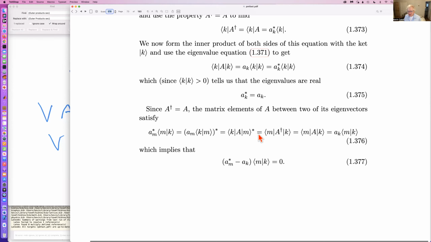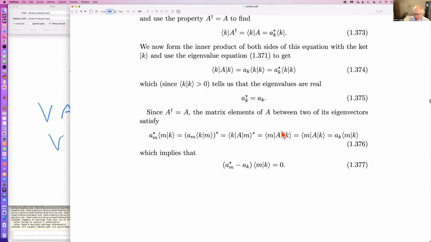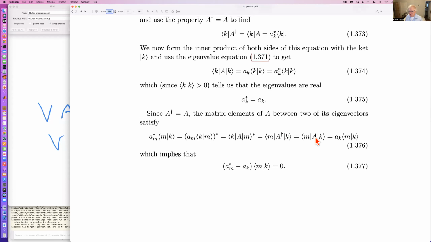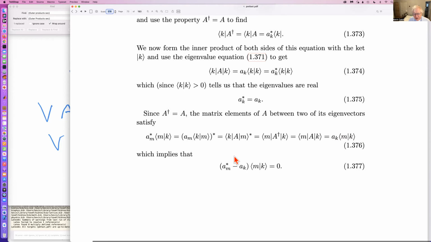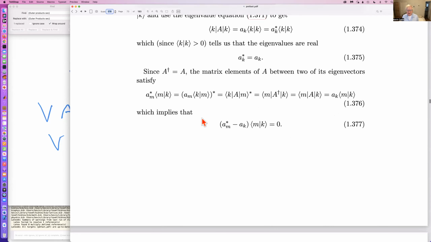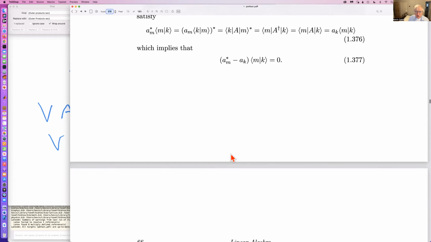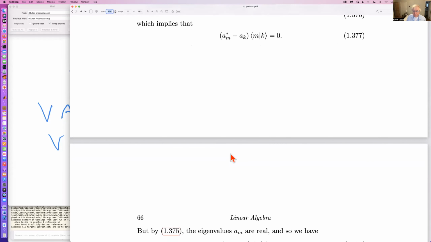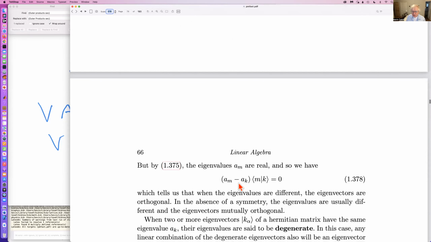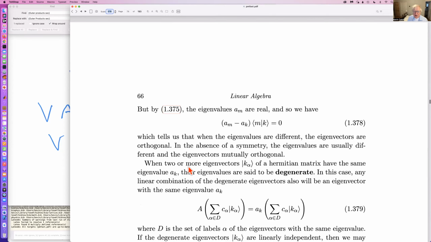Then when we take the complex conjugate, it flips and A becomes A adjoint, but A is Hermitian, so this is A. Now this is A acting on k, so that's a_k. So altogether, we get that (a_m star minus a_k) times the inner product of m and k equals 0. So the eigenvalues are real, so we get this equation, and this tells us then that the eigenvectors are orthogonal if the eigenvalues are different.